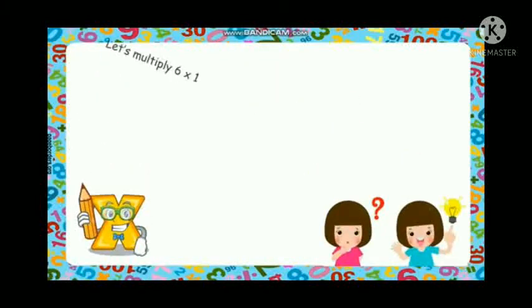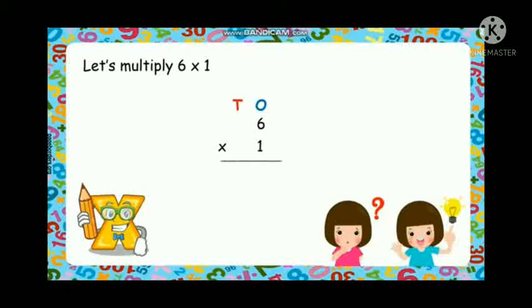Okay. Next example, 6 multiply 1. We will arrange the given example, 6 into 1. Here are the multiplicand and multiplier. We know that, and we have to find their product.